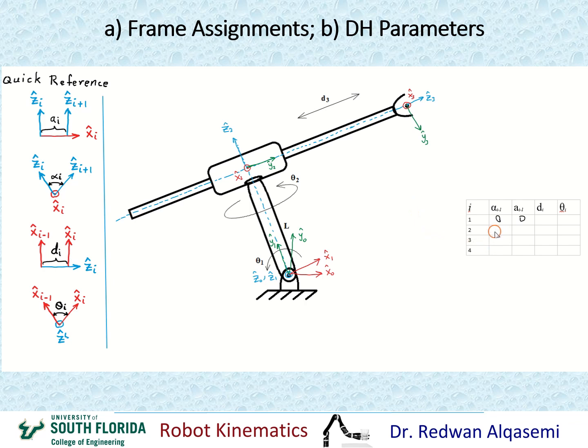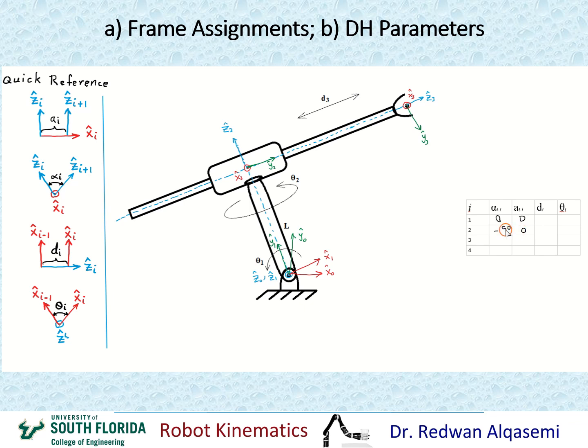So alpha will be negative 90 degrees. Now for the distance, a1, I have to look at z1 and z2 about x1. Again, z1 is here out of the board and z2 is right here. They both intersect. That means the distance between them is 0.